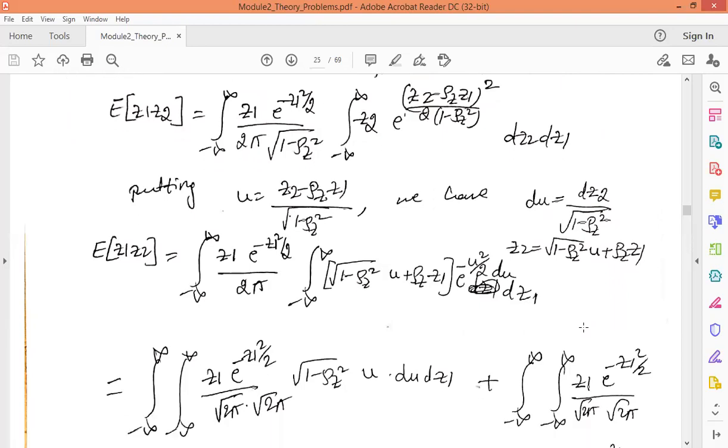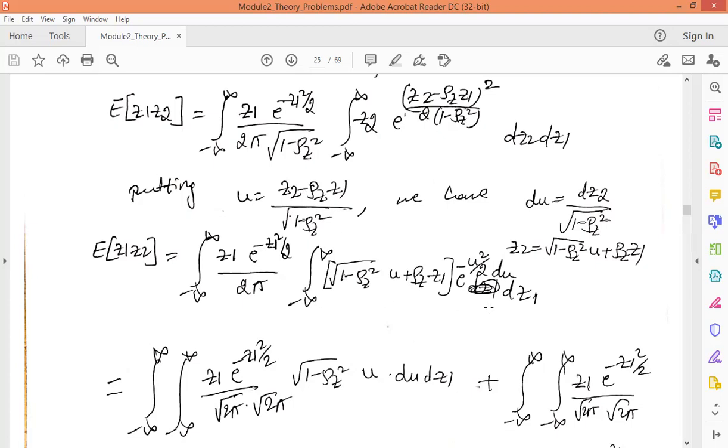Now, making use of this substitution in the equation of E[Z1 Z2], we get the integral from minus infinity to plus infinity of z1 e to the power minus z1 square by 2, divided by root 2 pi, and the integral from minus infinity to plus infinity where z2 can be replaced. From this equation you can see that z2 is written as u times the square root of 1 minus rho_z square plus rho_z z1. That is the substitution.